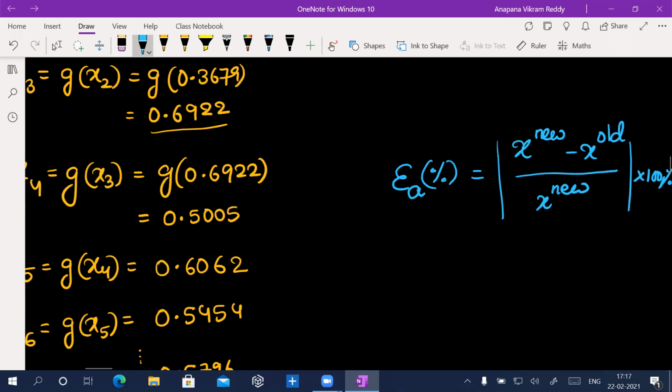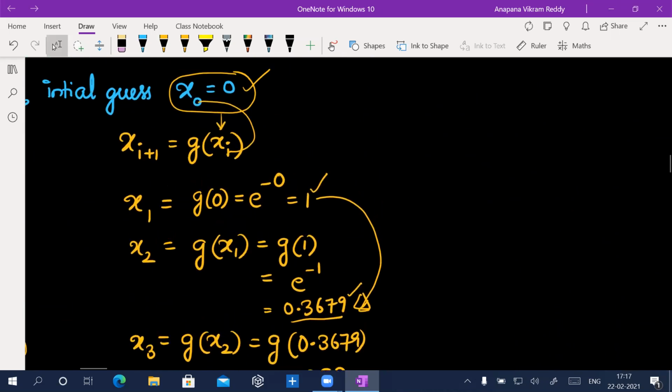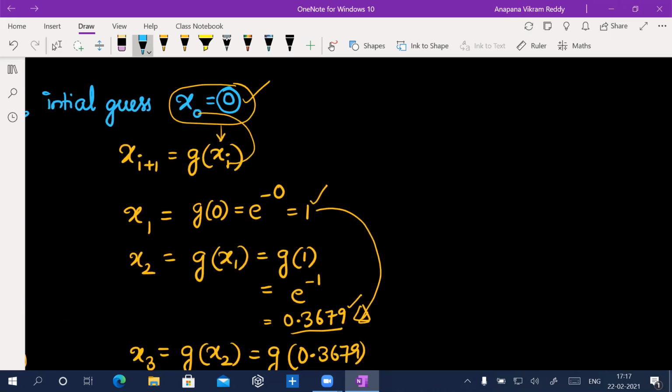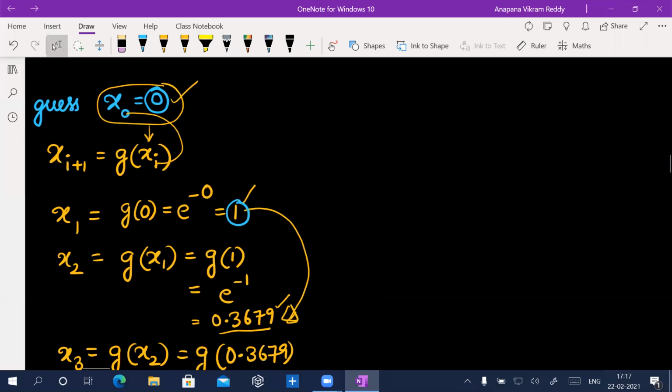You can take anything. For example, this is my initial value. I'll take from here, say 1 minus 0 by 1. So 1 minus 0 by 1 is 100 percent.